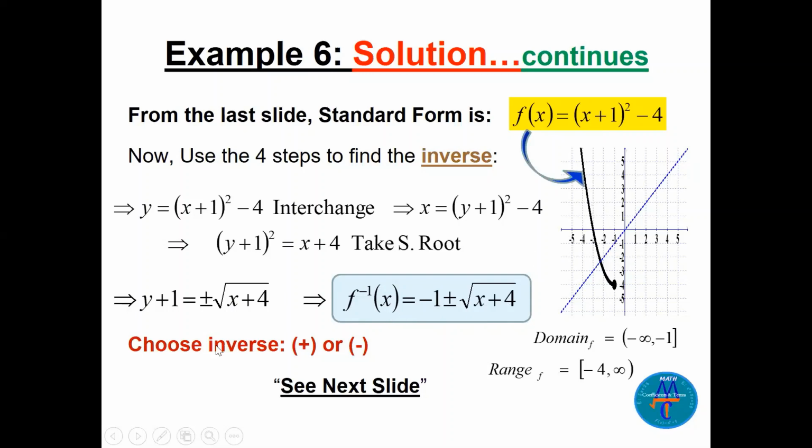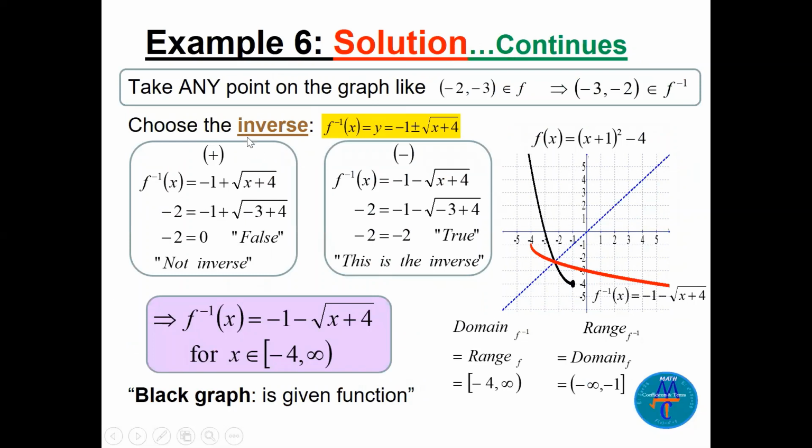So we have to choose the inverse, either the plus or the minus. We have to check. Just checking, make sure the domain of the f is the range of the inverse, or I can show you another way here to check. I can take any point on the graph of the f. You see this f here? If you take -2 there, replace it in the f, put here -2, what do you get? -3.